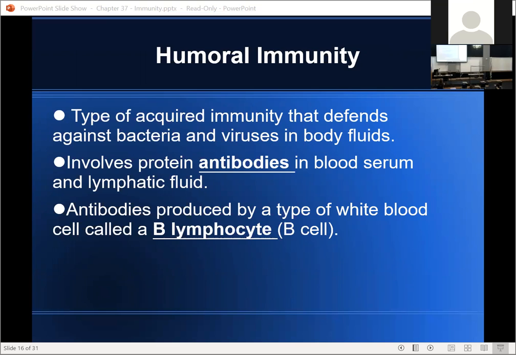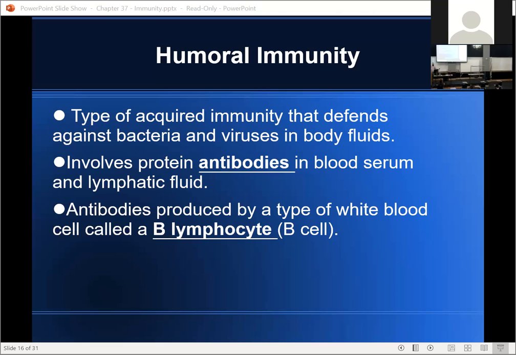Okay, so next we're going to talk about, so previously we were talking all about natural immunity. Complement is a form of natural immunity. Phagocytosis is a form of natural immunity. And remember, that's just the first line of defense against pathogens. Natural immunity is great, but it's not specific and there's no memory.